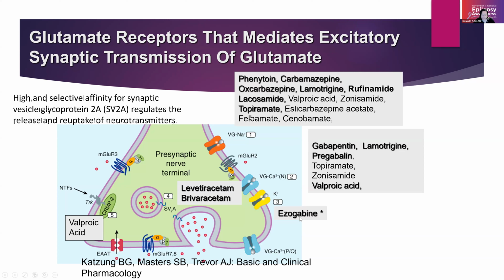And here, the ezogabine works at the potassium receptor, but is now currently out of market. And these medications here work at the synaptic vesicle glycoprotein 2A, or SV2A, to decrease the release and reuptake of the neurotransmitter glutamate. So these are the presynaptic receptors.